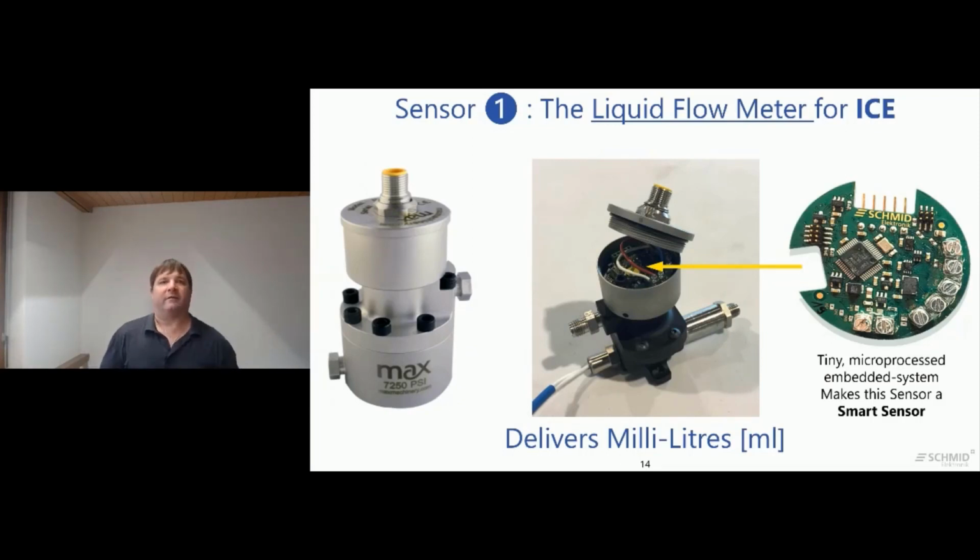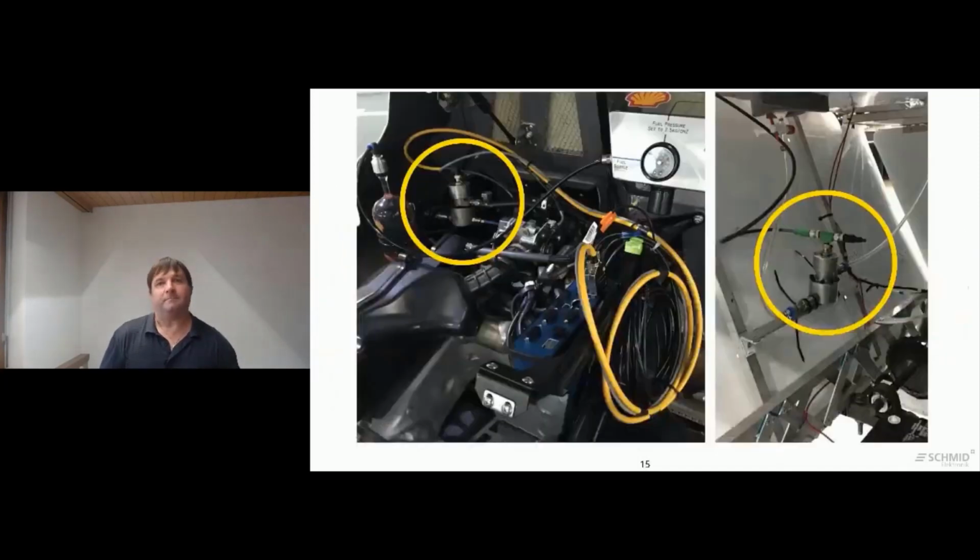In order to make that smart, we bought a commercial sensor and put in a specialized version of an embedded system that converts the physical value on site, makes it digital and sends it to the embedded system via CAN. That is pretty common in the automotive industry. And what we receive from here is the milliliters used while the engine is on the track.